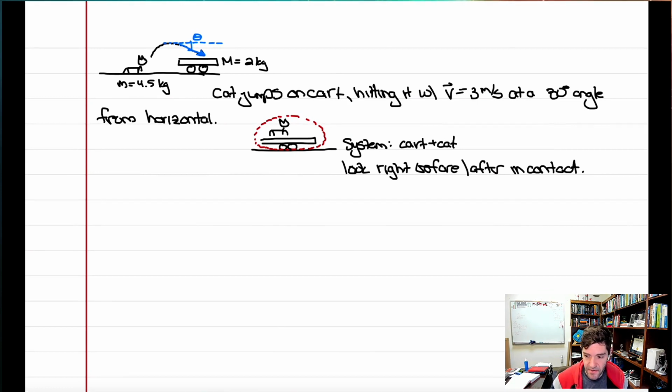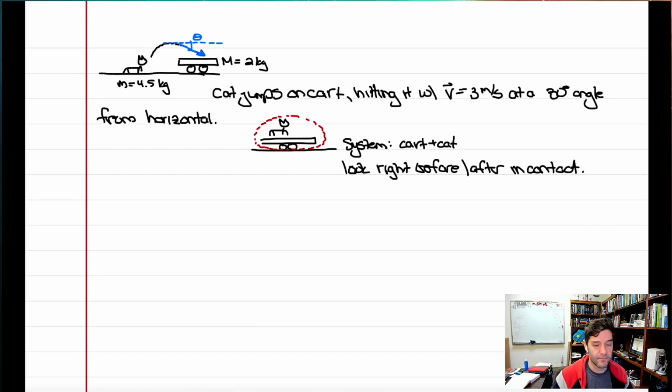In this case, they both have vertical gravitational forces acting on them. You might think, oh, if we look right before and right after, maybe we can ignore gravity. Fine. If we were looking at big bulks of time, like right before it comes in contact with the cart and 2 minutes later, then we couldn't ignore gravity.